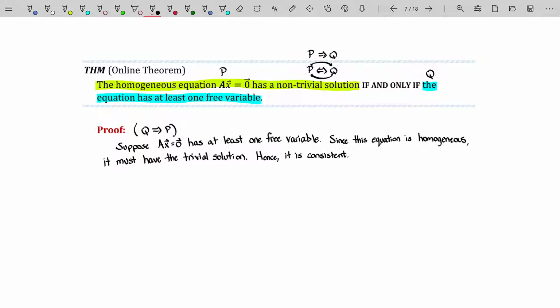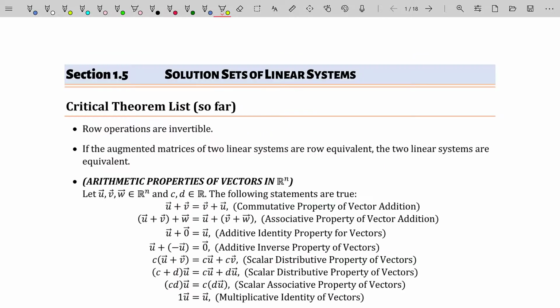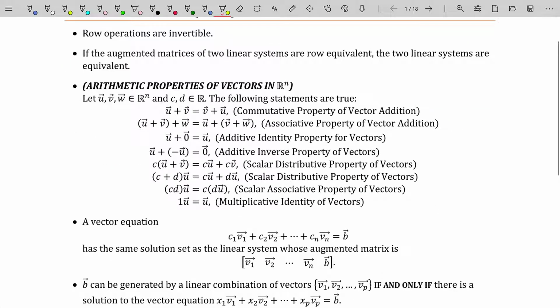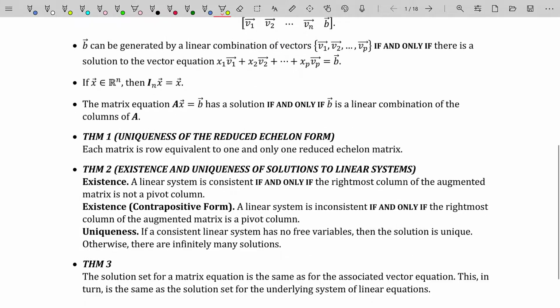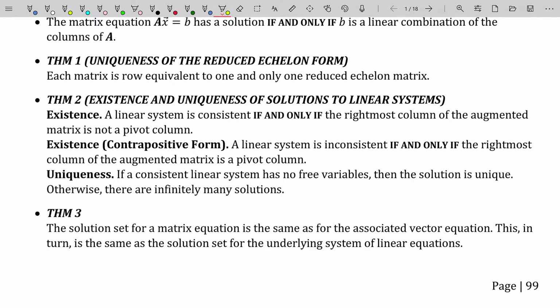And finally, let's go ahead and look back in our bag of tricks, basically all of our little theorems that we've learned so far, not all of them, but all the major ones. And we're going to identify one of them that's going to be very helpful here. Specifically using the fact that we have a consistent system and that system has a free variable. Now on my critical theorem list that I kind of keep for my students, and we'll see in the text that I use, it's Theorem 2, but it might be different in your text.